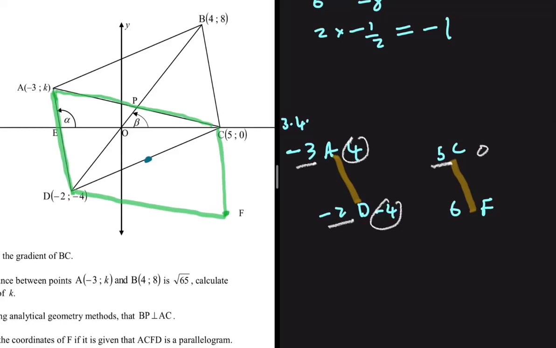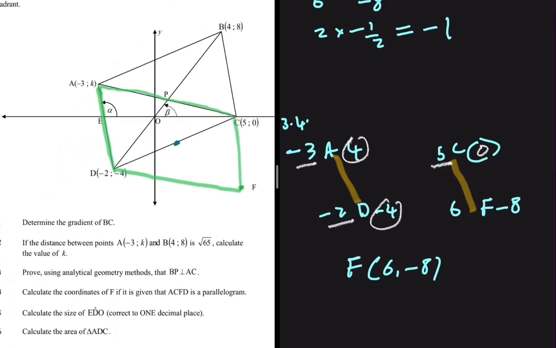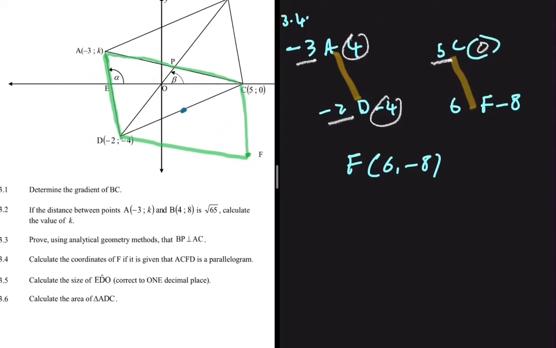So the way the y values of A and D differ shall be the same way the y values of C and F differ. So that will be 0 - 8, which is -8. So the coordinates of F are 6 and -8. Yeah, so you can do that instead of using the midpoint. Right, let's move to the following question.